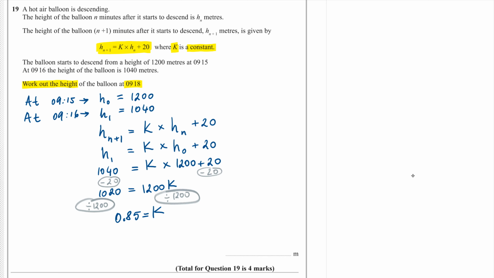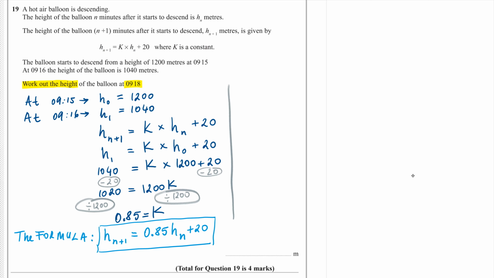Now that we have the constant k, we have the complete formula: h(n+1) equals 0.85 hn plus 20. To work out the height of the balloon at 9:18, we need the height at 9:17. At 9:17, 2 minutes have passed, so the height after 2 minutes, h2, is 0.85 h1 plus 20.